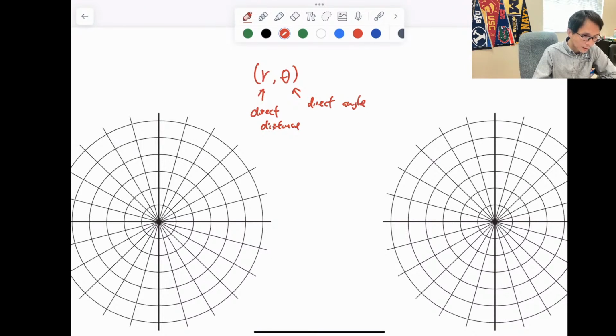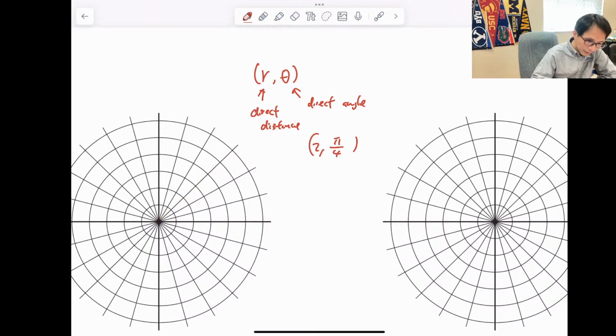First, you can say, well, hey, I have a point, and the point is going to be (2, pi over 4). Pi over 4 is along this line. 0 is the right line. So if you do 2, that means radius 2.